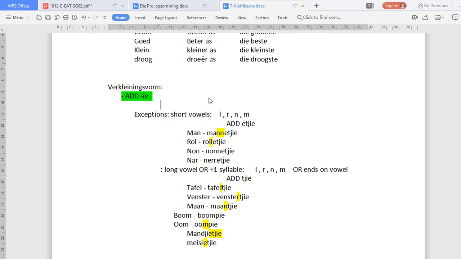So what's left over? Words that end on a G. Gesig. It's a short vowel, so we add another G and an IE. Gesig, gesiggie.